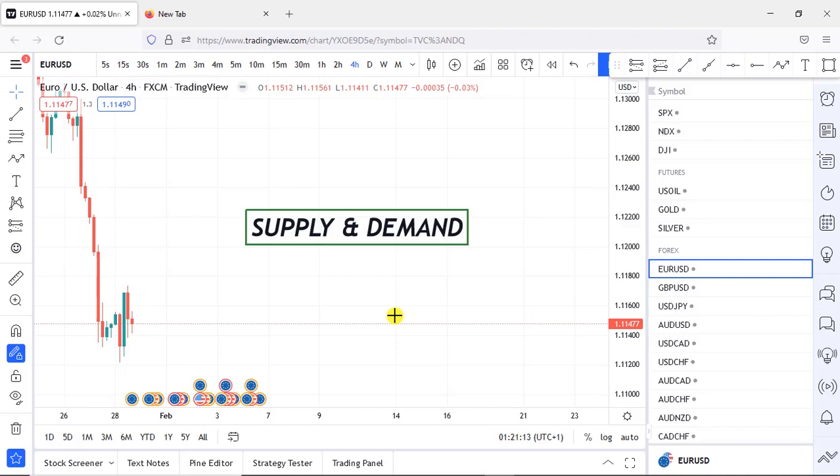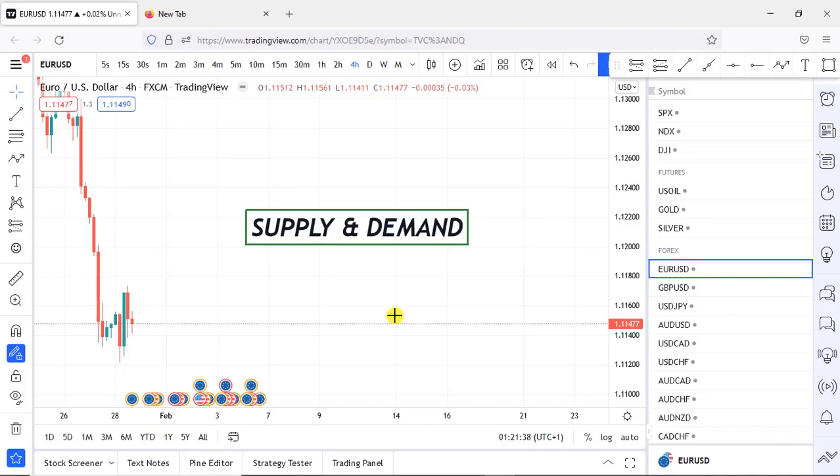While demand zones are those areas or zones in the market that these big players buy from. What it means is that at these zones, the big players wait for price to come to these zones and then they will be buying or demanding stocks at those zones or areas. That's why they are called demand zones.